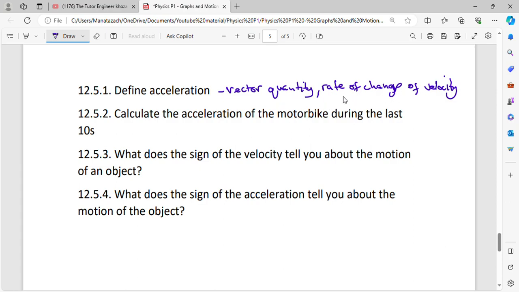It's measured in meters per square second. And then number 2 says calculate the acceleration of the motorbike during the last 10 seconds.